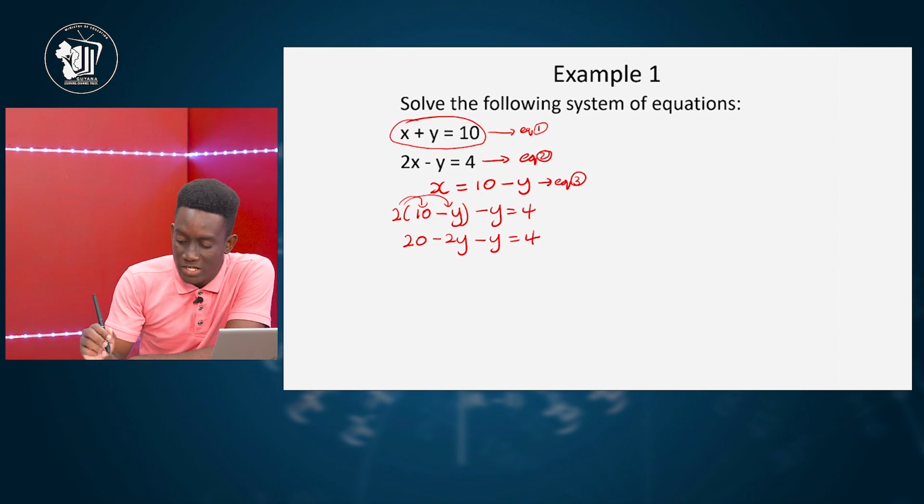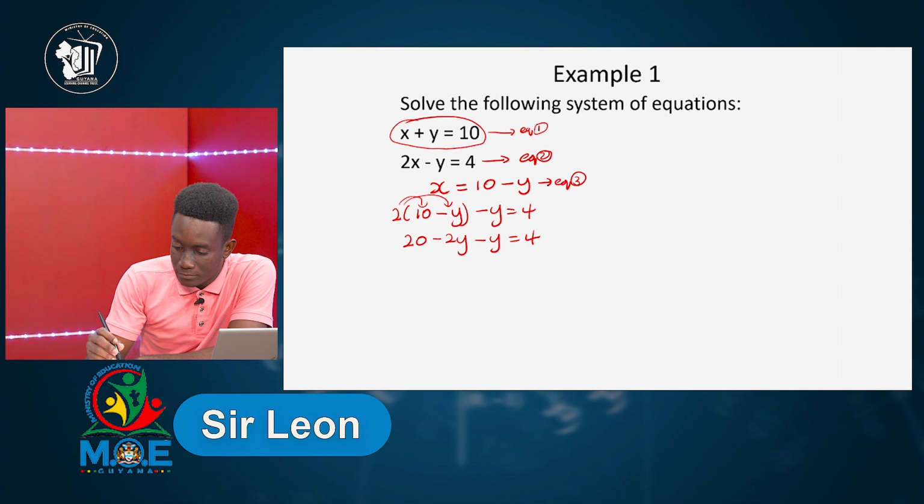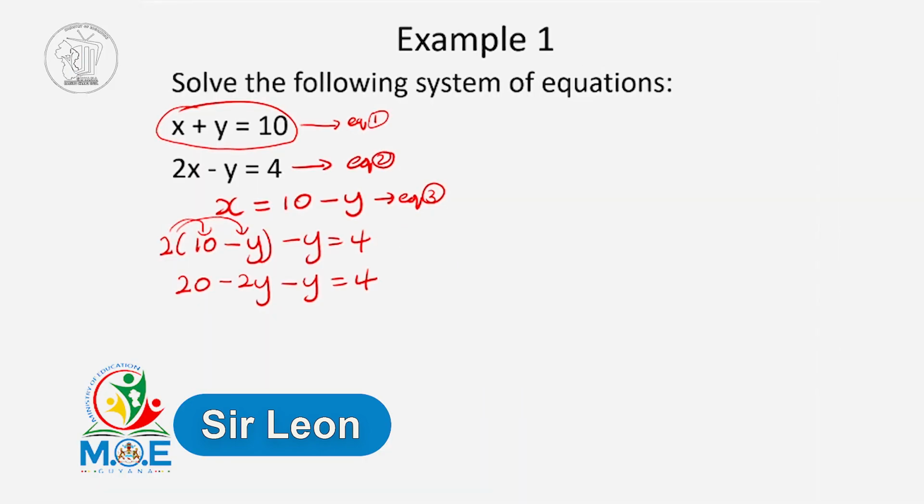We do some simplification and we solve. Negative 2y minus y would give me 20 minus 3y, and that would be equal to 4. Now we can solve here. This is a plus 20, when we take it over, it will become minus.